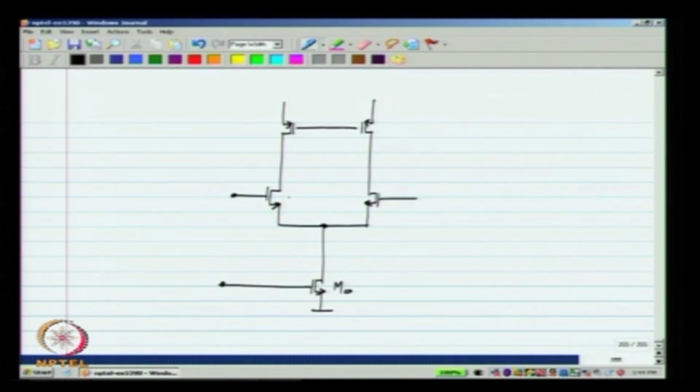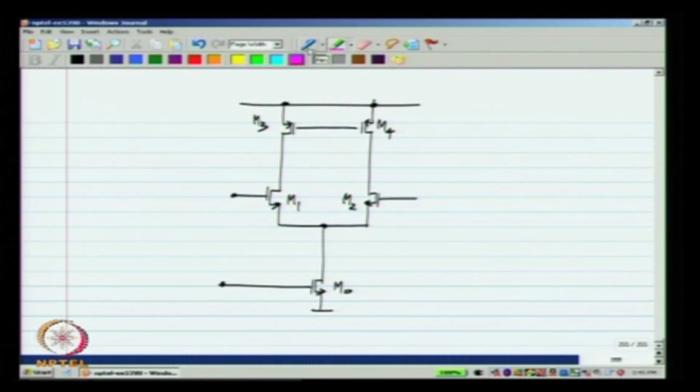Let me draw only the first stage here. Now, so far whenever we stabilize the common mode of a stage like this, the tail current was fixed and the currents on top were varying, and it was varied by means of a feedback loop, so that their sum exactly equals the current from the tail source. Okay.